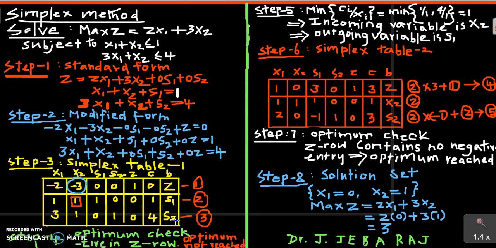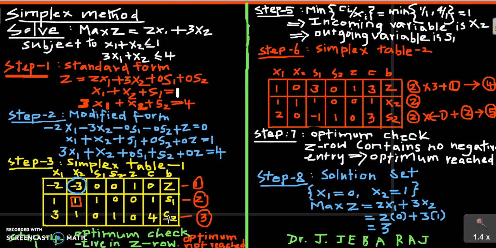So these columns are in canonical form. The z column corresponds to the first row, so you write z there. Then s1 is in the second row, so you write s1 there, and s2 is in the last row, so you write s2 there.